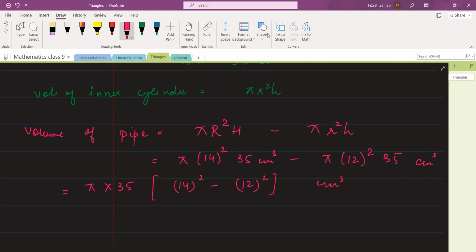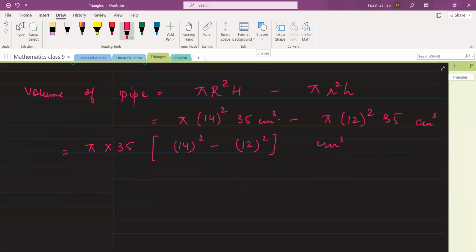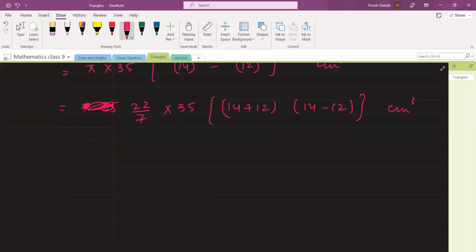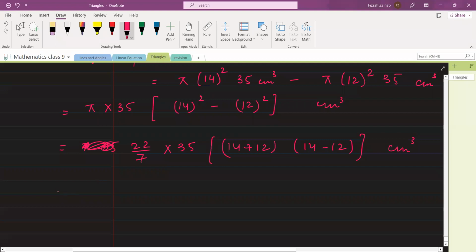All right. Now you can use the identity a square minus b square if you don't want to multiply big numbers. So this is 35. Okay, here you can put values now. So 22 divided by 7 into 35. Now this becomes a plus b into a minus b. So 14 plus 12 into 14 minus 12. Is that okay? All right. Now 7 into 5 is 35. So you get 22 into 5.